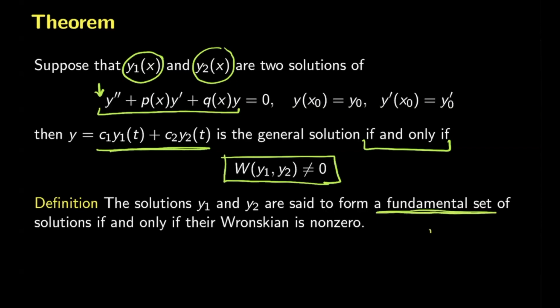For example, if y1 and y2 are two solutions and the Wronskian of y1 and y2 is non-zero, then y1 and y2 will be called a fundamental set. So this is the definition of a fundamental solution set: the Wronskian is non-zero and they satisfy the differential equation.